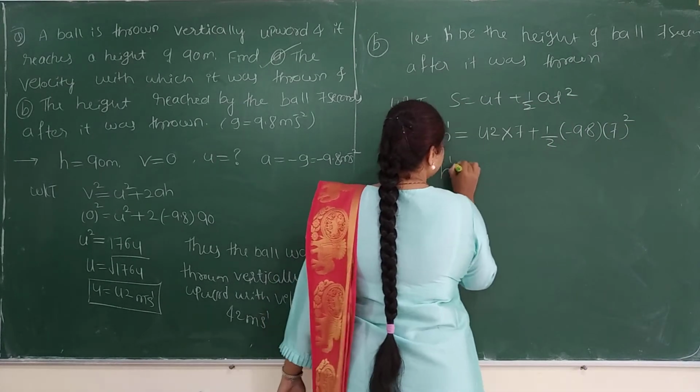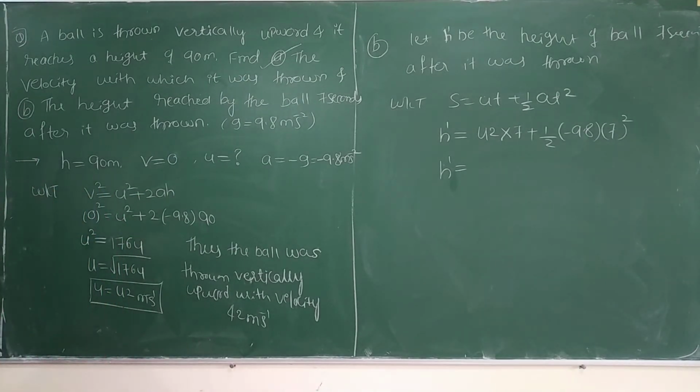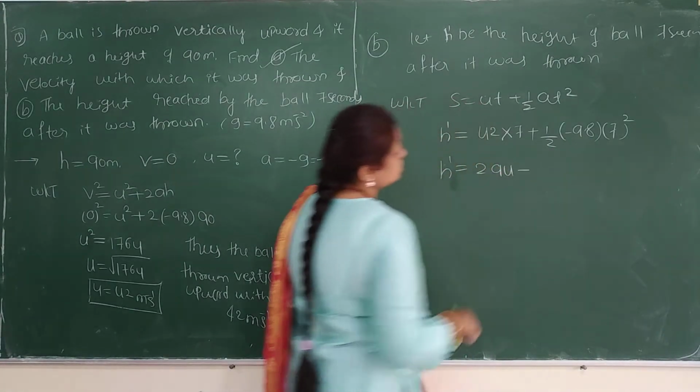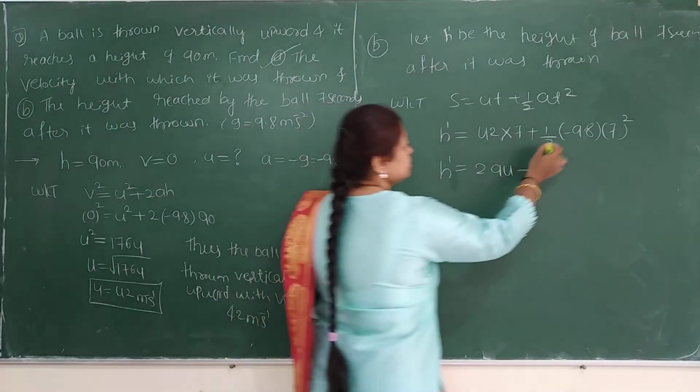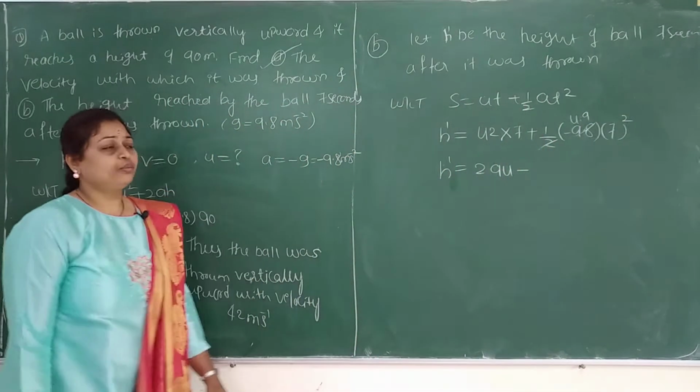Just calculate and tell me the answer. So 42 into 7, how much will you get? 294, is it? So 294 minus, just cancel here, 2 ones are 2, 4s are 8, so 4.9.